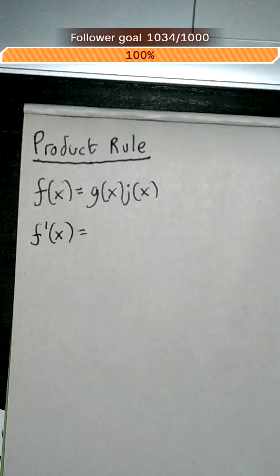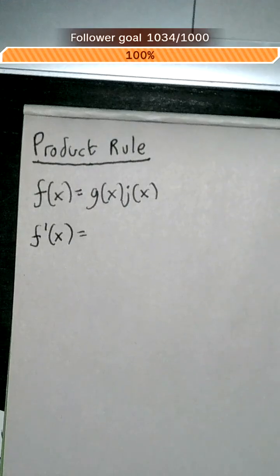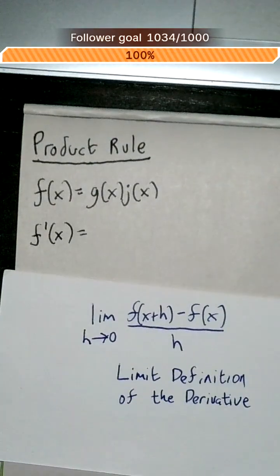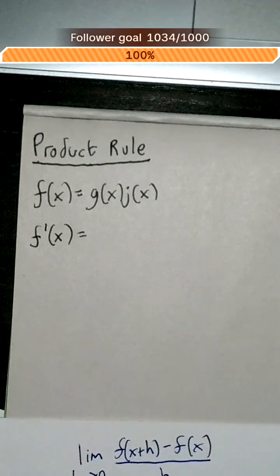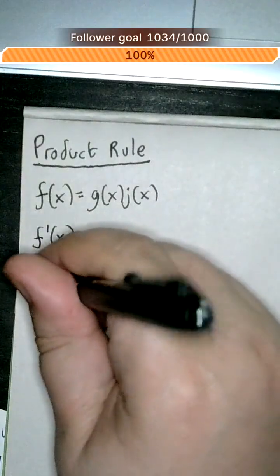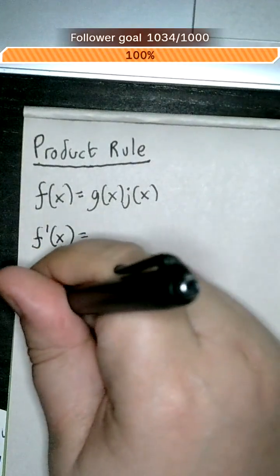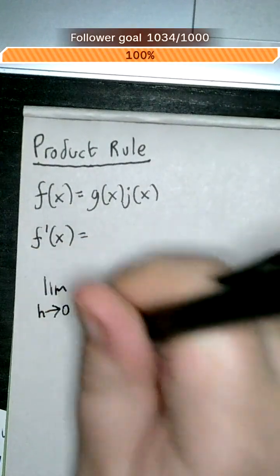So remember, the limit definition of a derivative is what we're going to use to prove this. So, limit as h approaches 0 of the following.